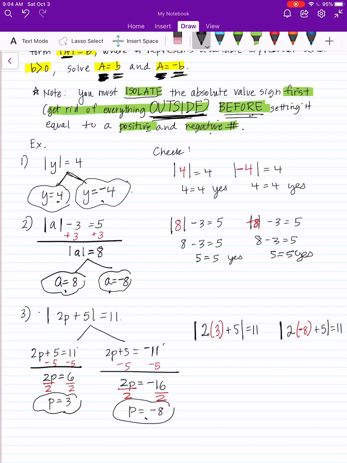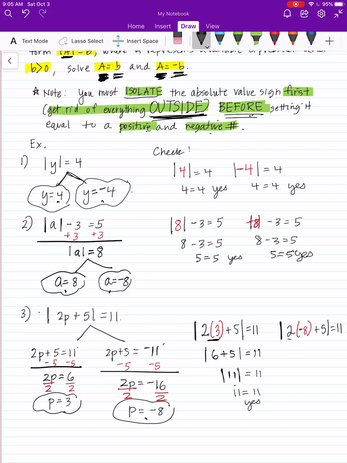So now let's solve. 2 times 3, it's order of operations, so I'm going to multiply first, is 6, and 6 plus 5 inside equals 11. 6 plus 5 is 11, so be careful because those are absolute value signs, they kind of look all the same here. And then take the absolute value of 11, and 11 equals 11, and yes, it checks out.